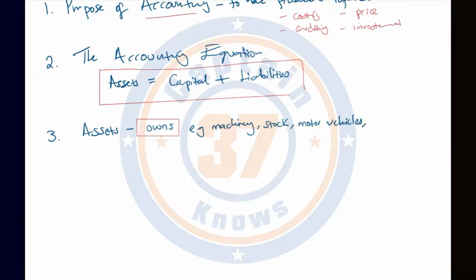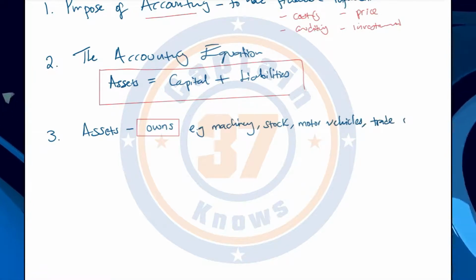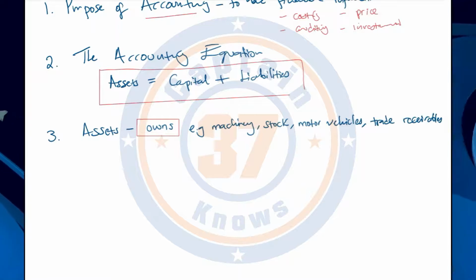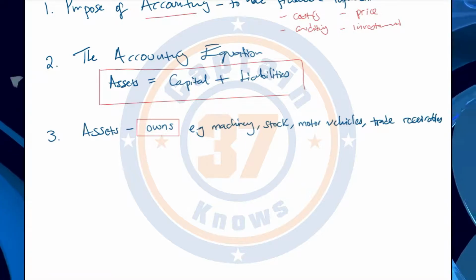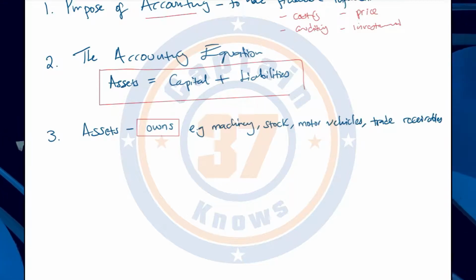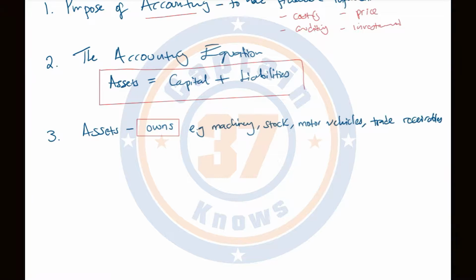Another important example of assets is what's known as trade receivables. What are trade receivables? Think of a company that offers cleaning services, and for its services it is paid at the end of the month. Today is the 21st of August.